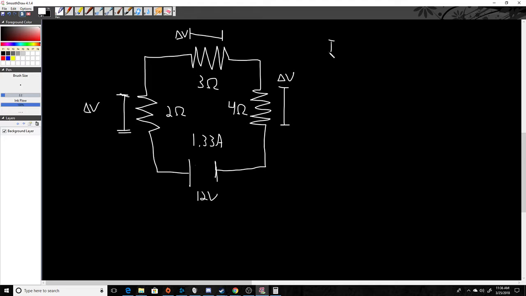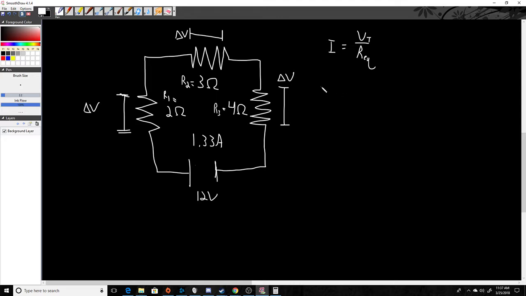If the current is equal to the total voltage over the equivalent resistance, the I is going to be the same for all of them. So if I call these resistor 1, resistor 2, and resistor 3, the current's going to be the same, okay?